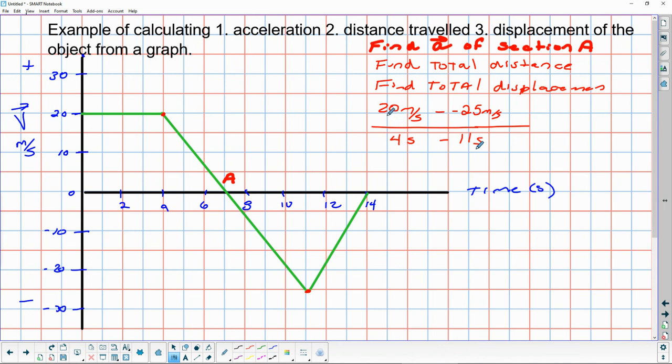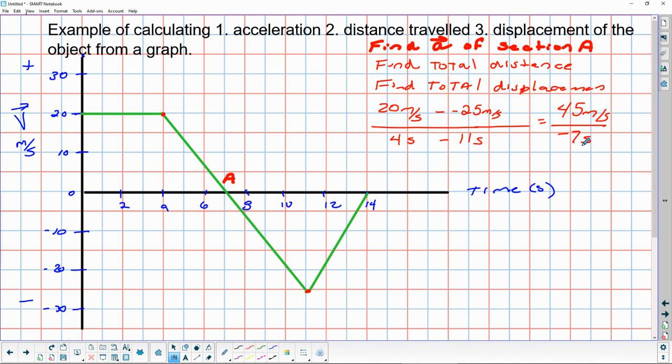Okay, so then we're going to go 20 meters a second, subtract negative 25, that's like adding. So that's 45 meters a second over 4 minus 11, which is negative 7 seconds. Then we just divide the two.